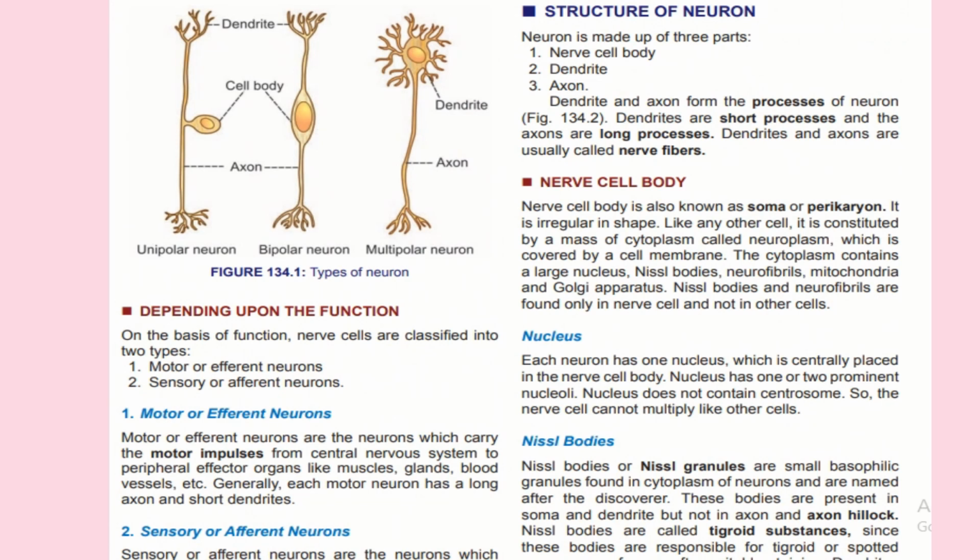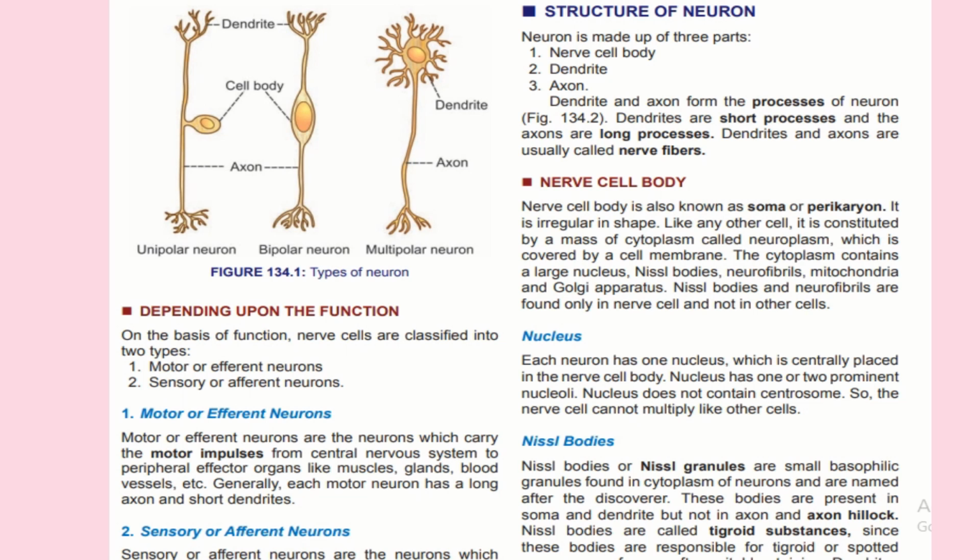Moving on to the structure of a neuron. A neuron is made up of three parts: nerve cell body, dendrite and axon. Dendrite and axon form the processes of the neuron. Dendrites are the short processes and axons are the long processes. Dendrites and axons are usually called nerve fibers.